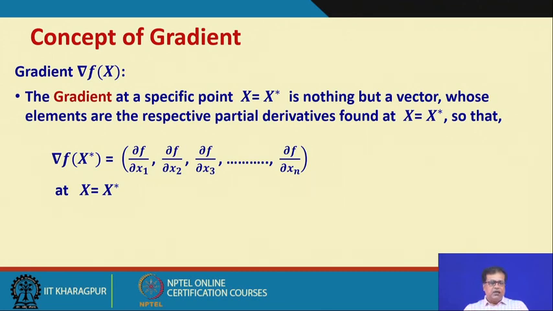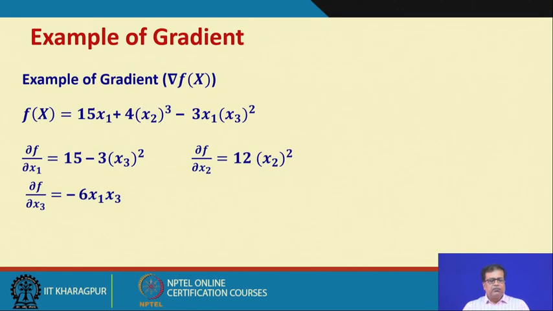Is it all right? So, that is the concept of gradient. It is all the partial derivatives with respect to all the variables that we have at a given point. So, that is the definition of gradient.